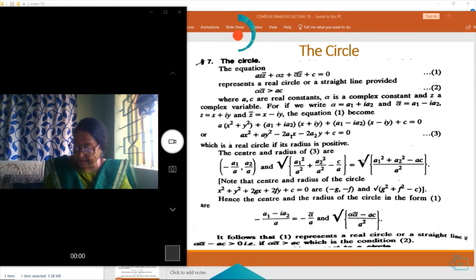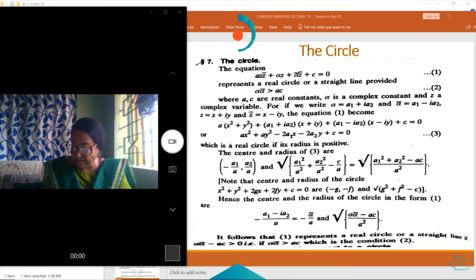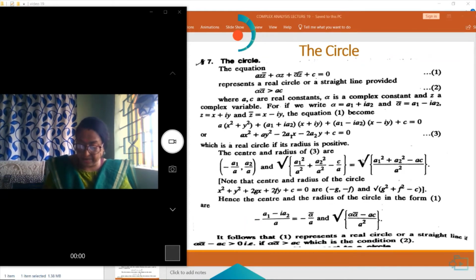Seeing this and comparing with the equation of the circle, we can write its center as minus a1 by A, a2 by A, and the radius is the square root of a1 square by A square plus a2 square by A square minus C by A, which after calculation gives a1 square plus a2 square minus AC by A square.